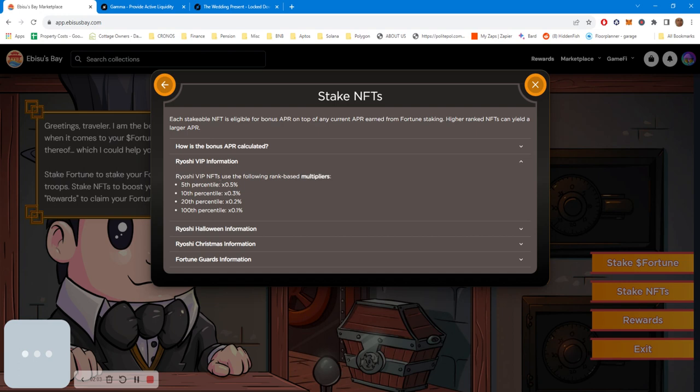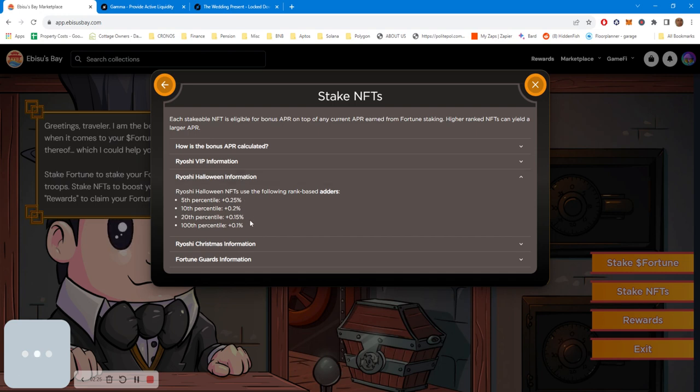Depending on their ranking, these are the boosts you can get. And also, particularly important, I think, if you're looking to purchase perhaps a new or another Ryoshi VIP, it may help with your purchasing decision in terms of how much additional percentage APR you get from various percentiles, and that might feed into your purchasing decision.